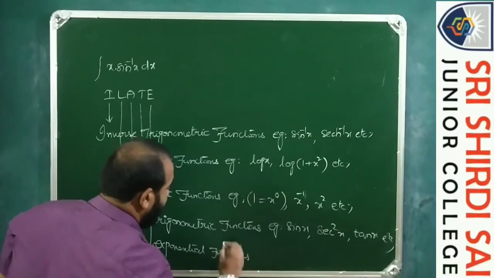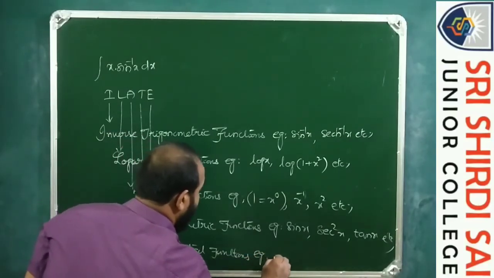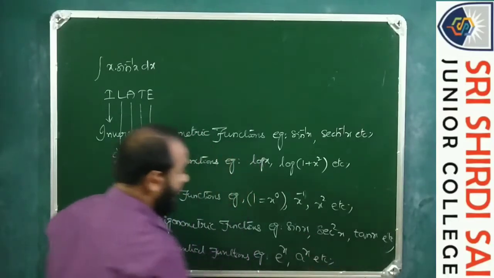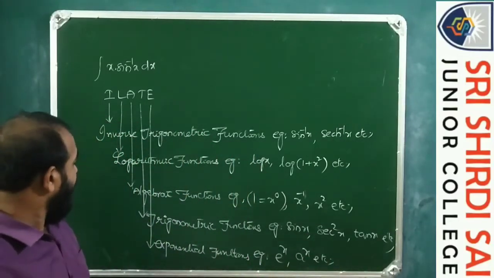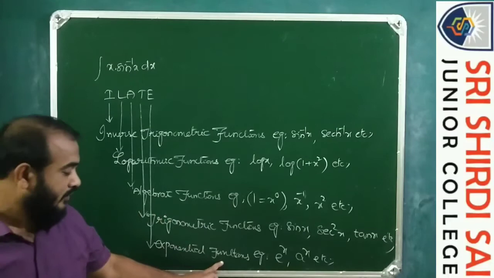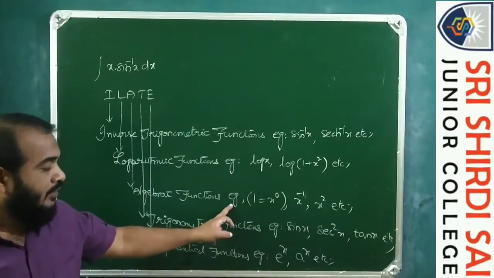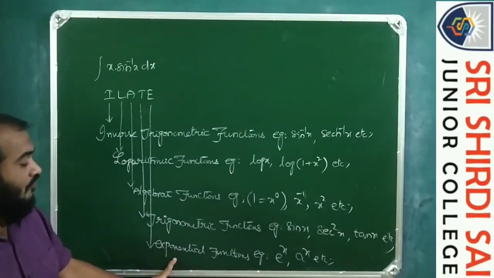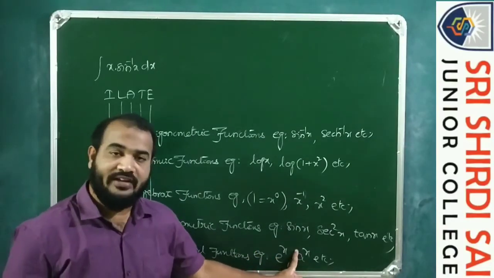Exponential functions, example e power x, a power x, etc. So the main difference between algebraic function and exponential function is that an algebraic function is x power something, while an exponential function is something to the power of x.